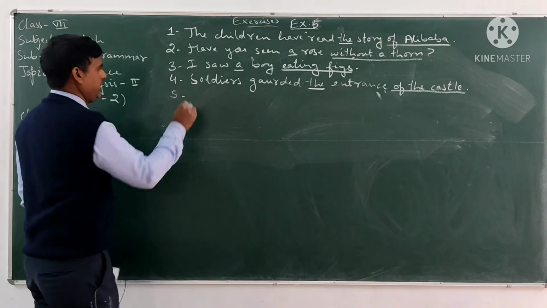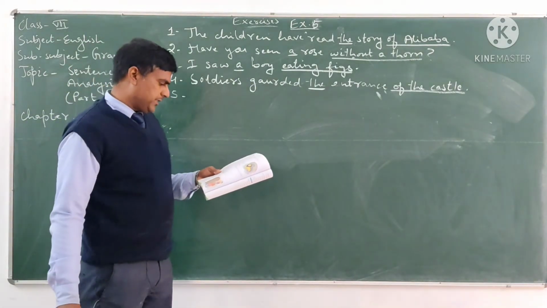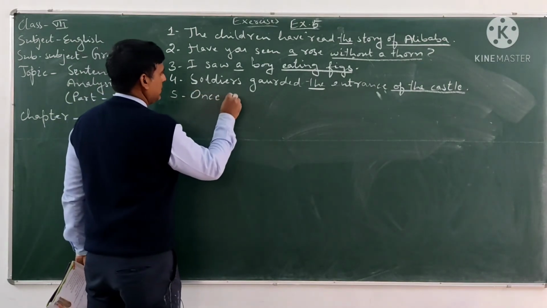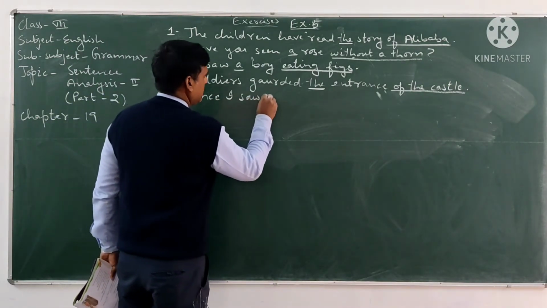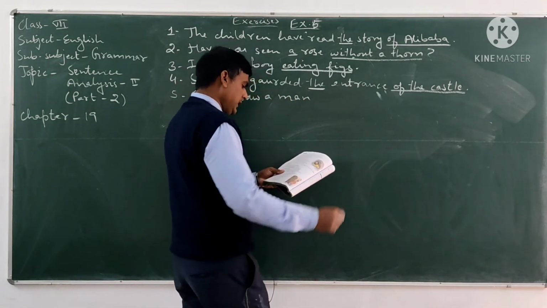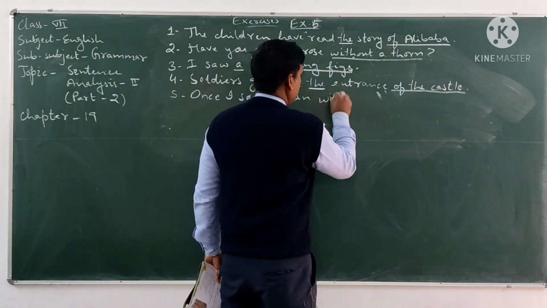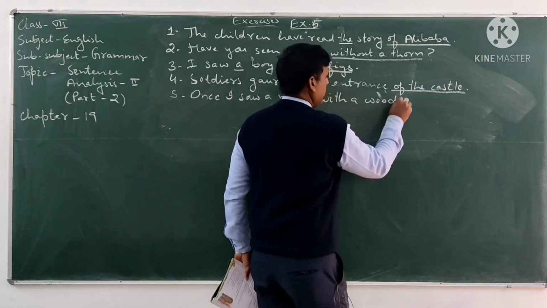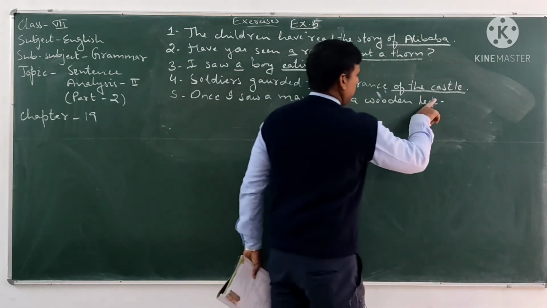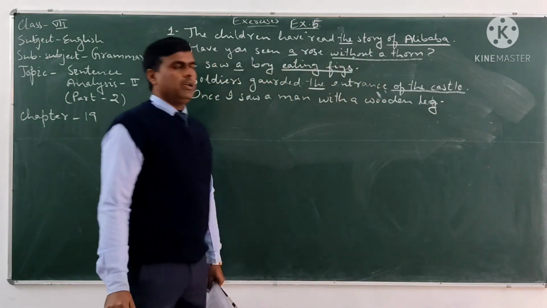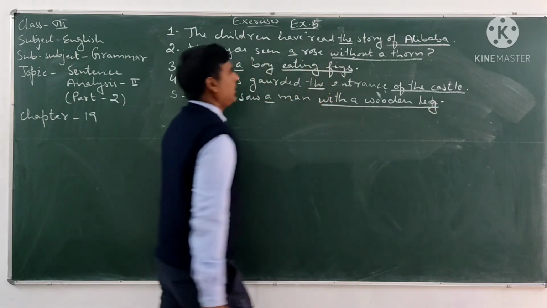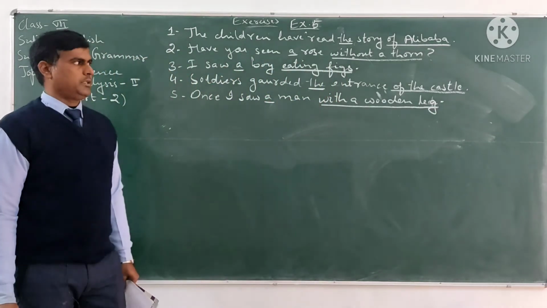Now see sentence number 5. Sentence number 5 is, once I saw a man with a wooden leg. In this sentence, a and with a wooden leg are the enlargement of object.